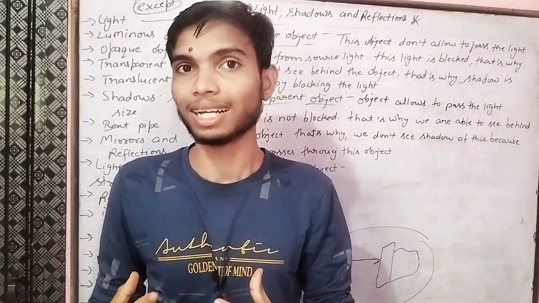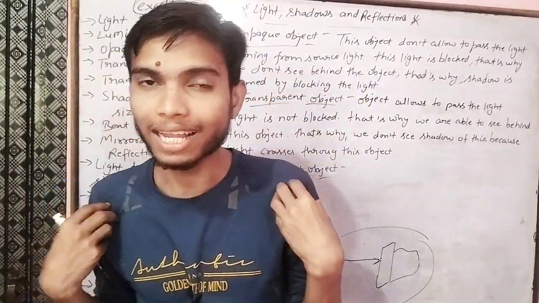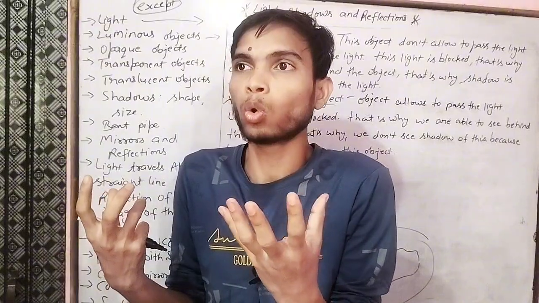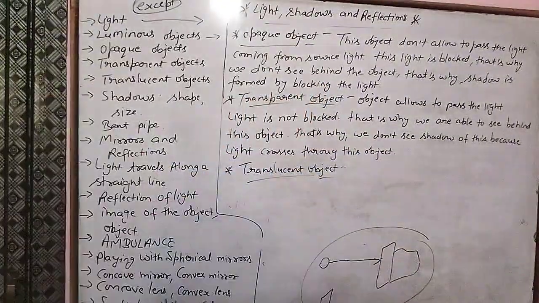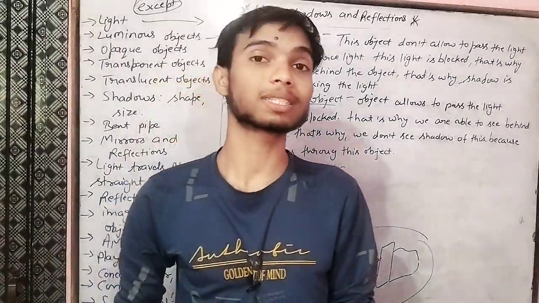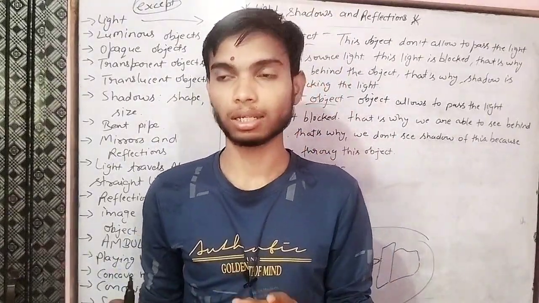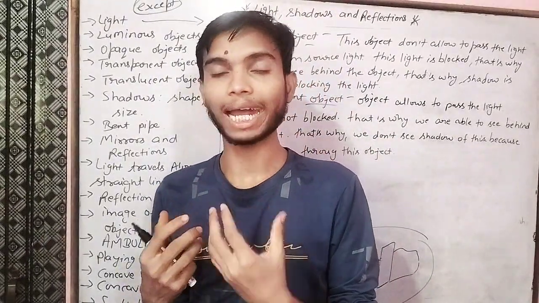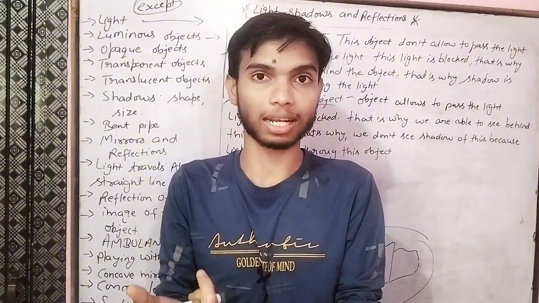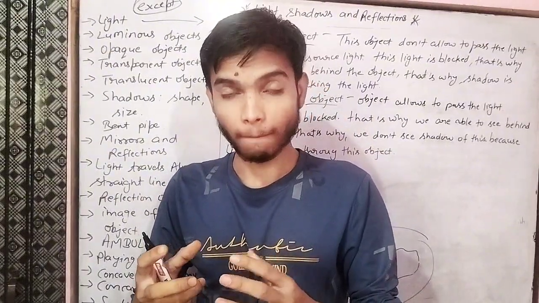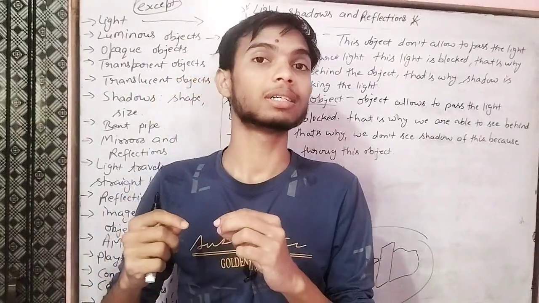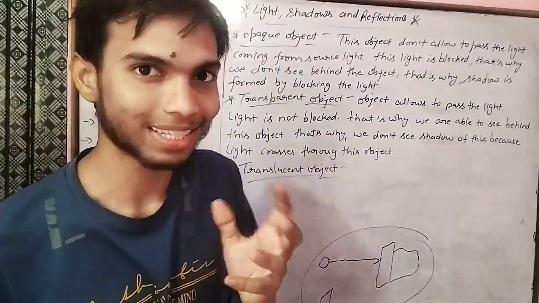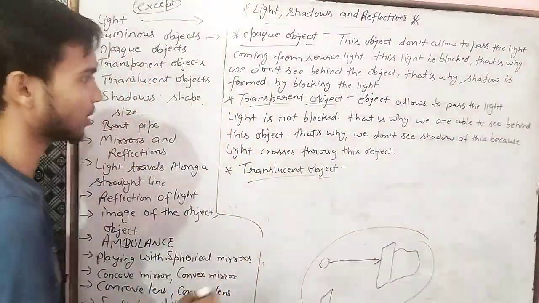A translucent object tells us that I will allow some light to pass, but some light I will not allow to pass. Okay.